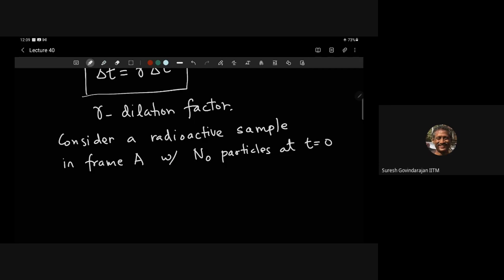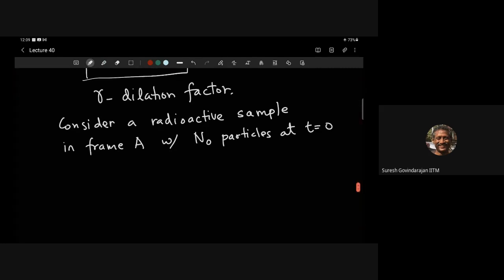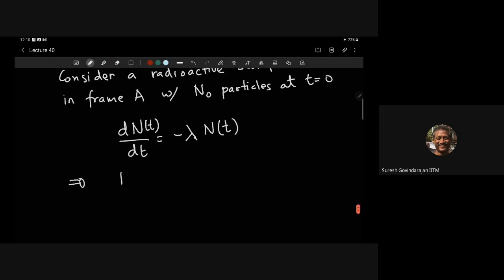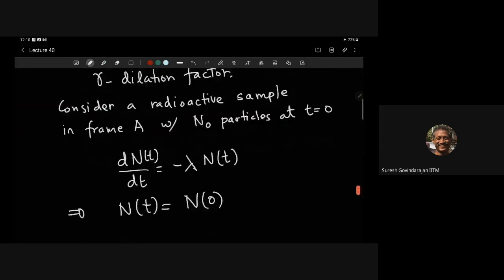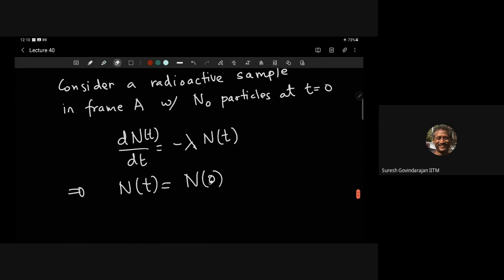It's like we have a container and a way of measuring how many particles of that radioactive sample are there. From radioactivity, we know that dN by dt, where N of t is the number of particles, will be minus lambda N of t. Lambda is related to the so-called time constant of this thing, and so we will see that N of t is N0, I called it N subscript 0, right? Let's use the same notation.